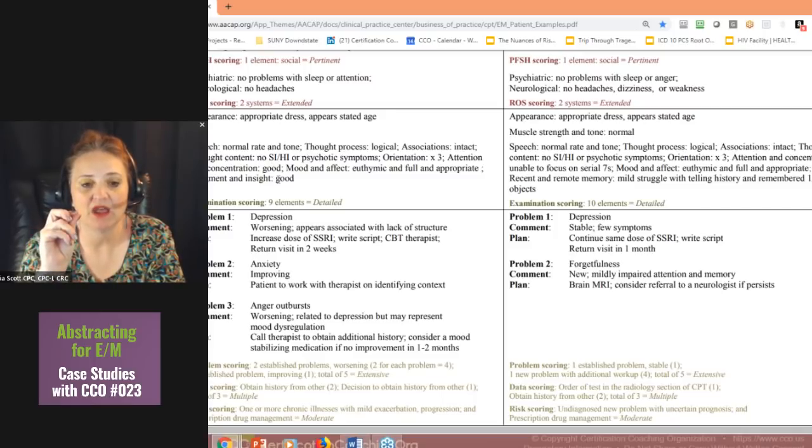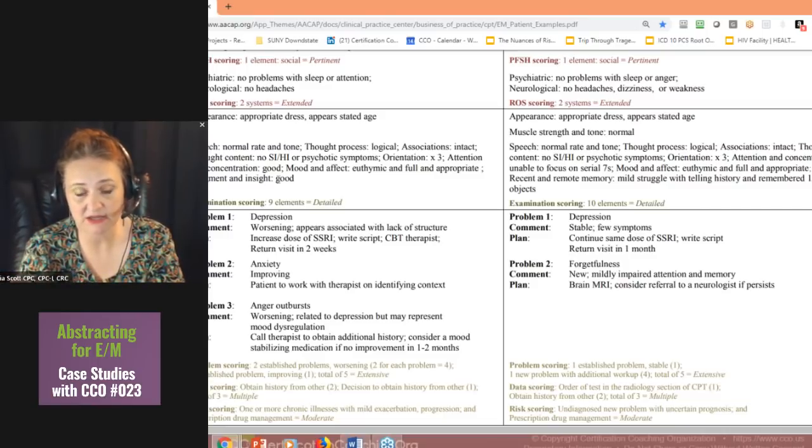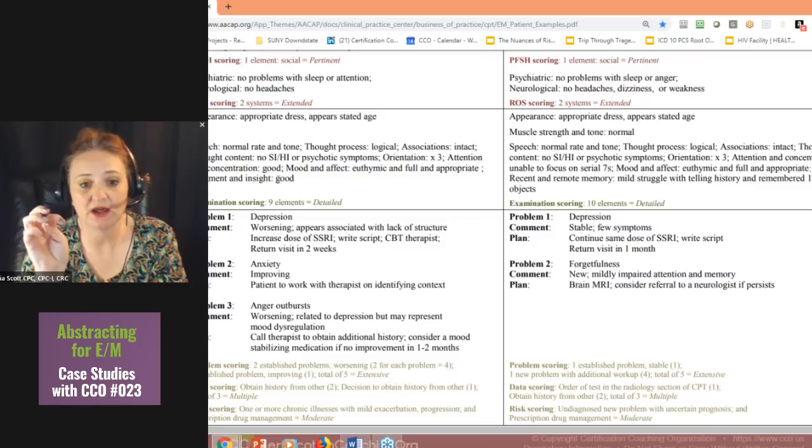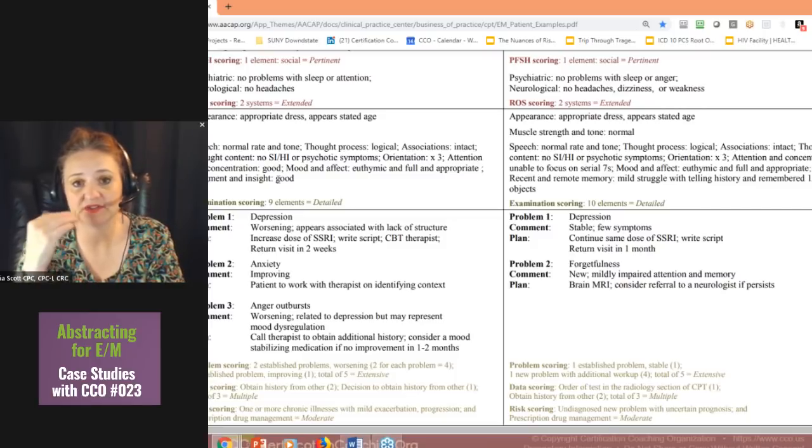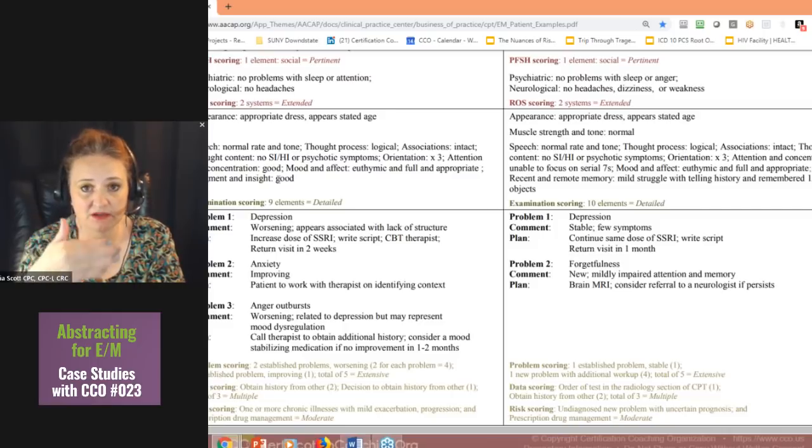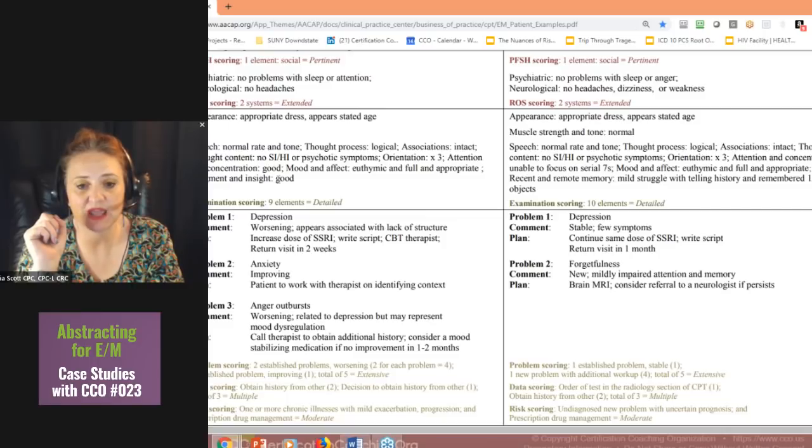And for the angry outbursts, we are going to call the therapist, in other words, we're calling a colleague, and we're going to find out if there's some additional history that we can apply for treatment by conversing with a therapist. We're also thinking about a new medication if there's no improvement in the next couple months when they come back.